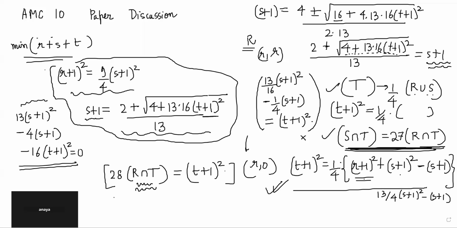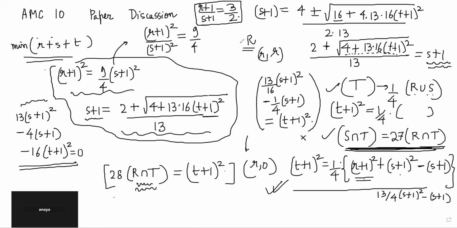Okay, let's use the fact that from here, r plus 1 whole square by s plus 1 whole square is equal to 9 by 4. So what we are getting is r plus 1 by s plus 1 is 3 by 2.